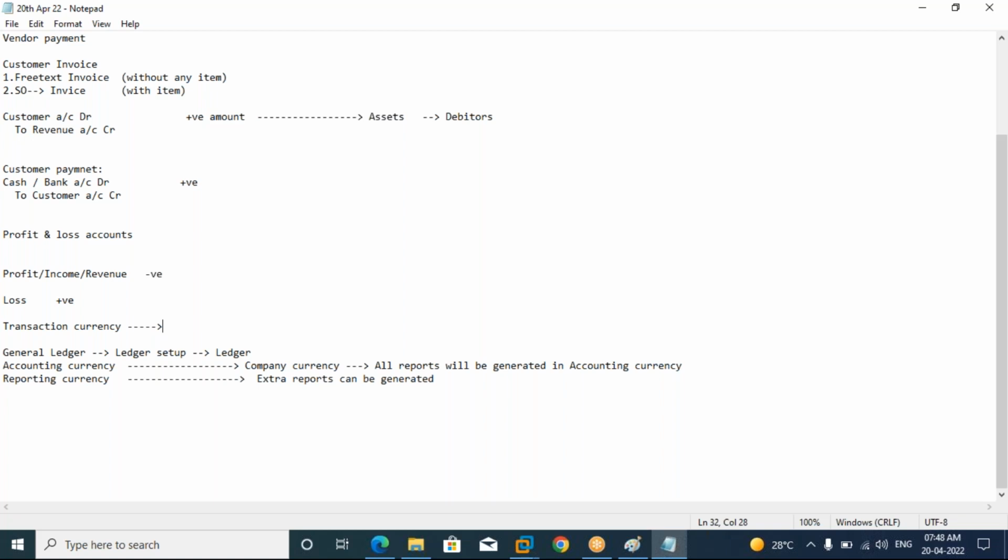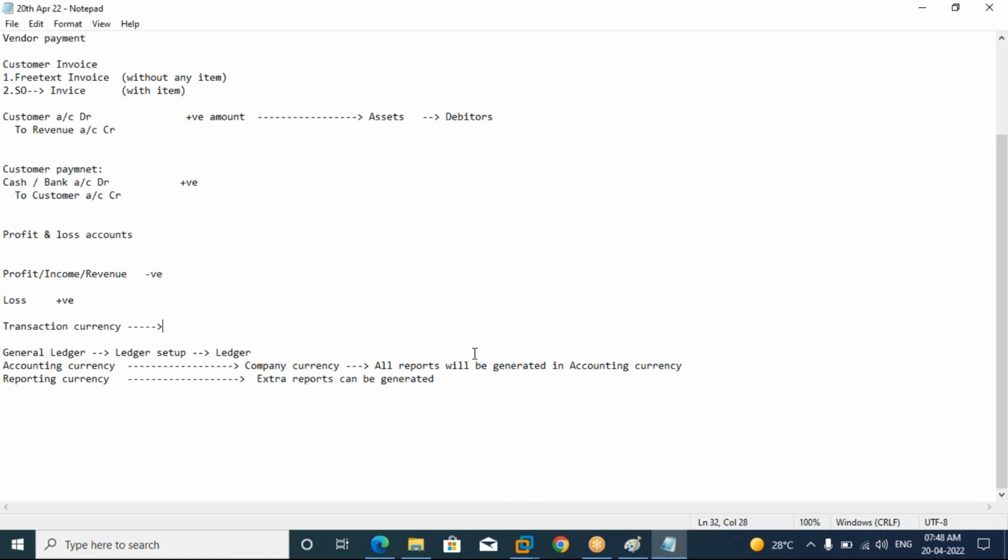Understood? Any questions here? Are you able to follow accounting currency, reporting currency, and transaction currency? Yes, yeah, we are able to follow, sir. I have a question. If the exports are going to US, if they want the invoice in INR only, then it can be INR. Yes, yes, you can change.